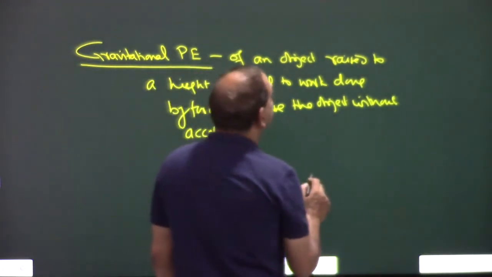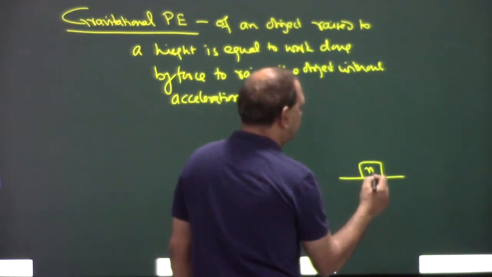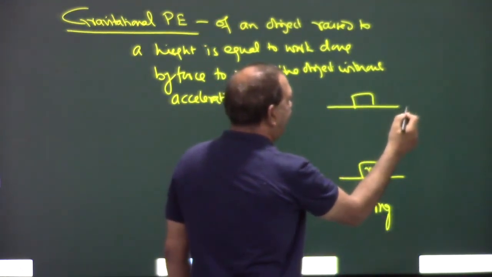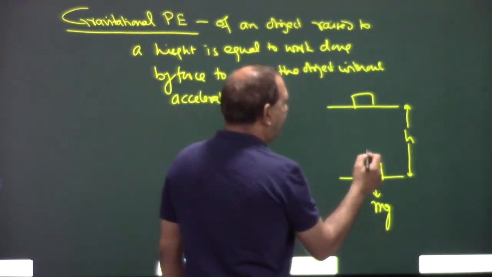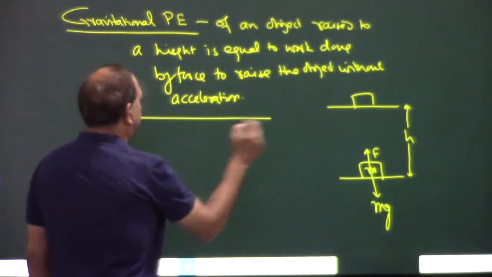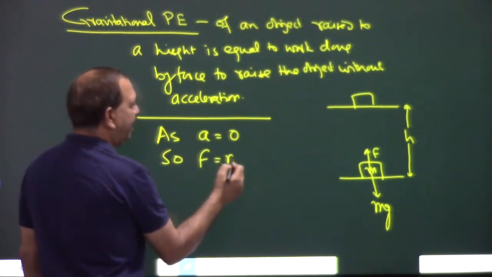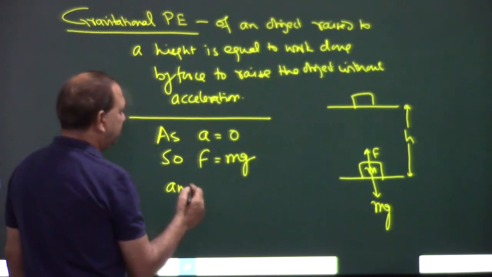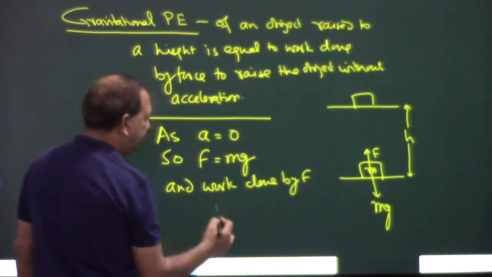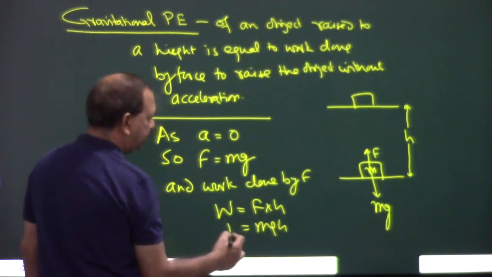So let's suppose an object of mass m, having weight mg, is raised to height h by application of a force F. As acceleration is 0, F is equal to mg, and work done by force W is equal to F into h, which is mgh.